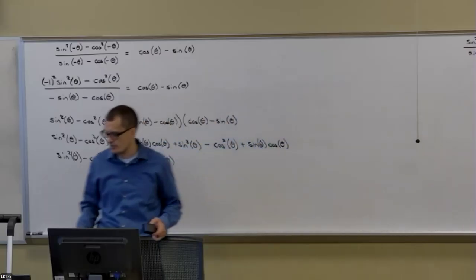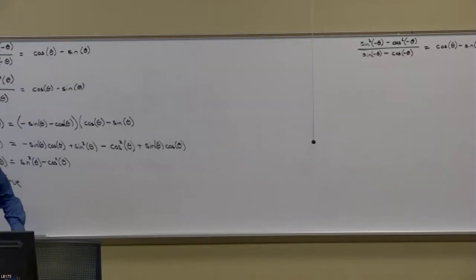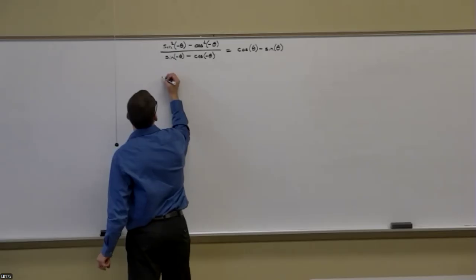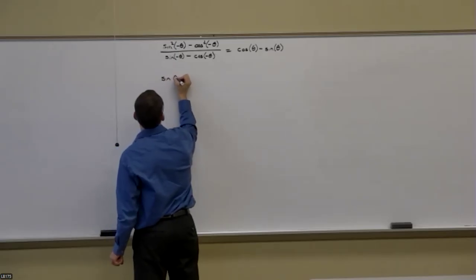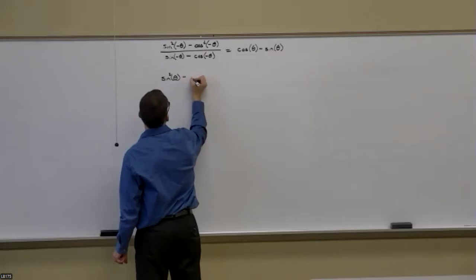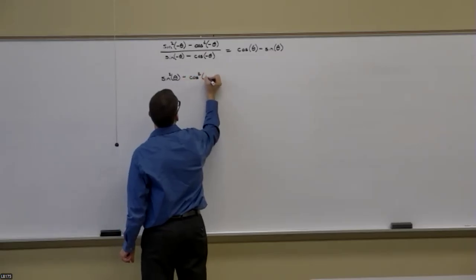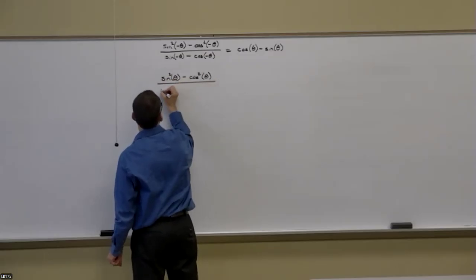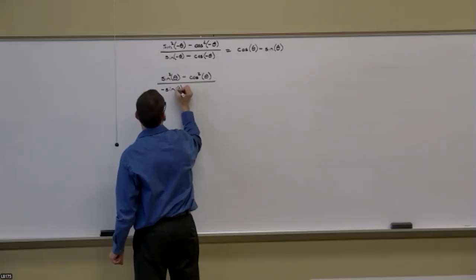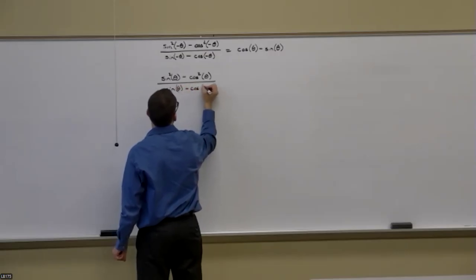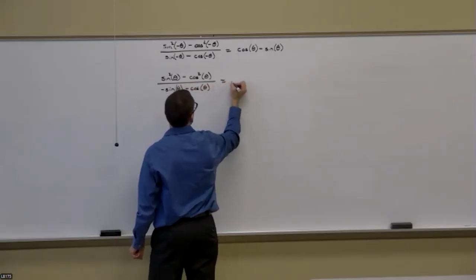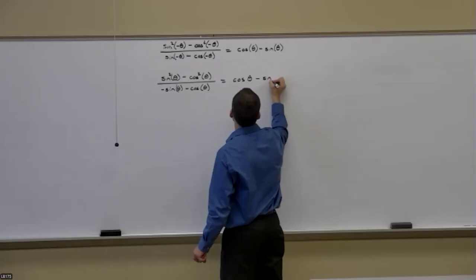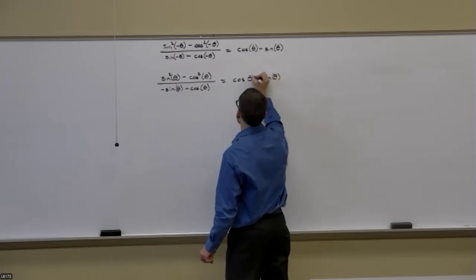The other technique that you could have done is very, very similar. At this point, where I had sine squared minus cosine squared on the top, and then a negative sine of theta minus cosine of theta on the bottom, I could have factored the top knowing the difference of squares formula.